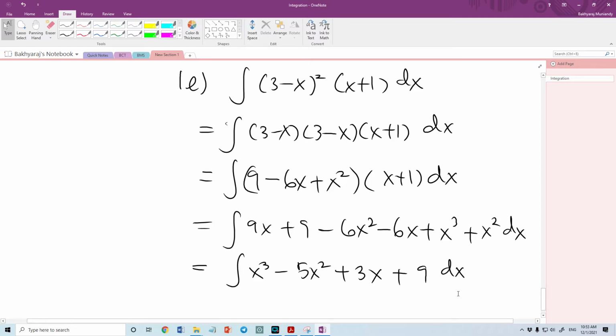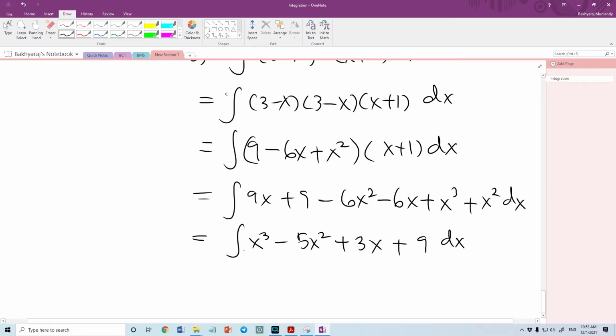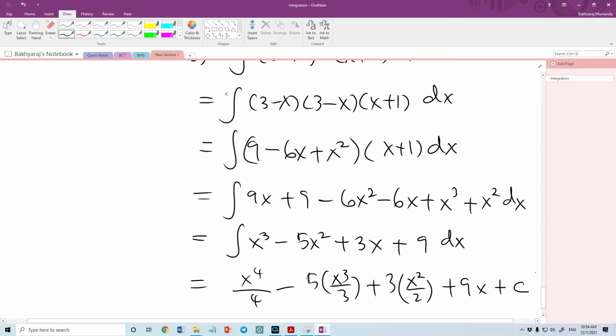Okay, then we can go for the integration. So plus 1, x to the power of 4 over 4 minus 5x to the power of 3 over 3 plus 3x to the power of 2 over 2 plus 9x plus c.